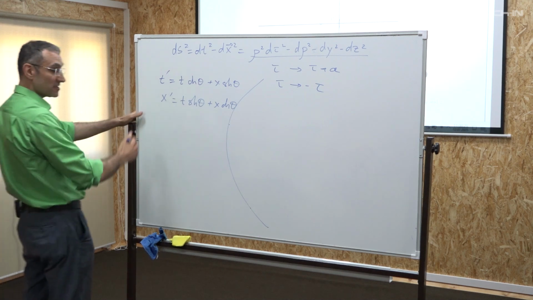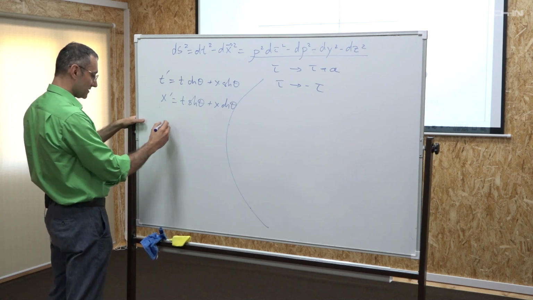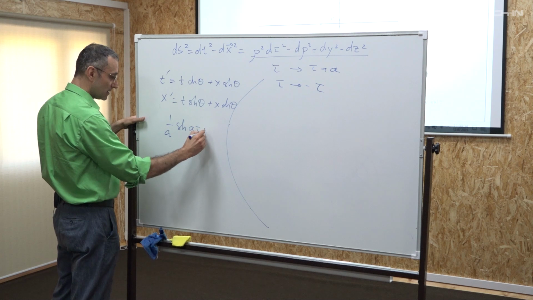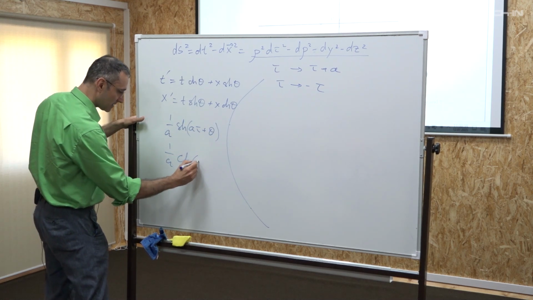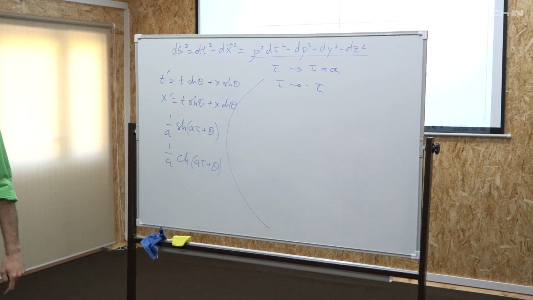So if you perform such a transformation, your world line is just shifted. So this, instead of becoming 1 over a sinh a tau, it's just shifted. 1 over a cosh a tau. It's a very easy exercise to check.